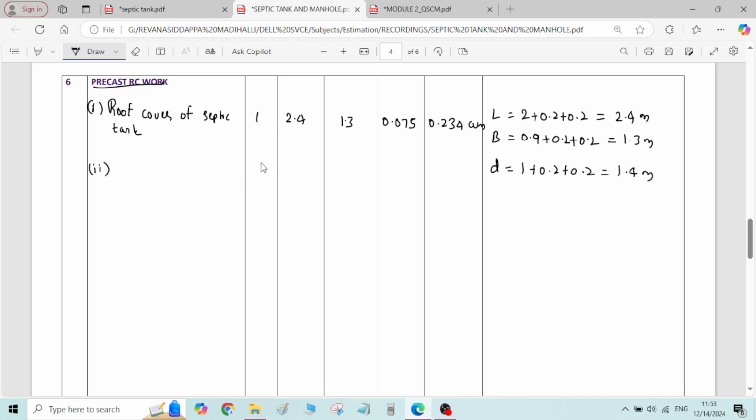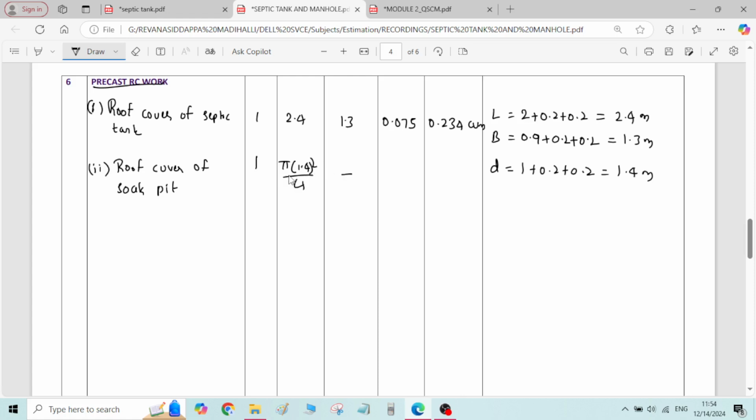Number is 1, roof cover of soak pit. Diameter is 1.4 meter. Using diameter, you can calculate the area: pi d square by 4, pi into 1.4 square by 4.